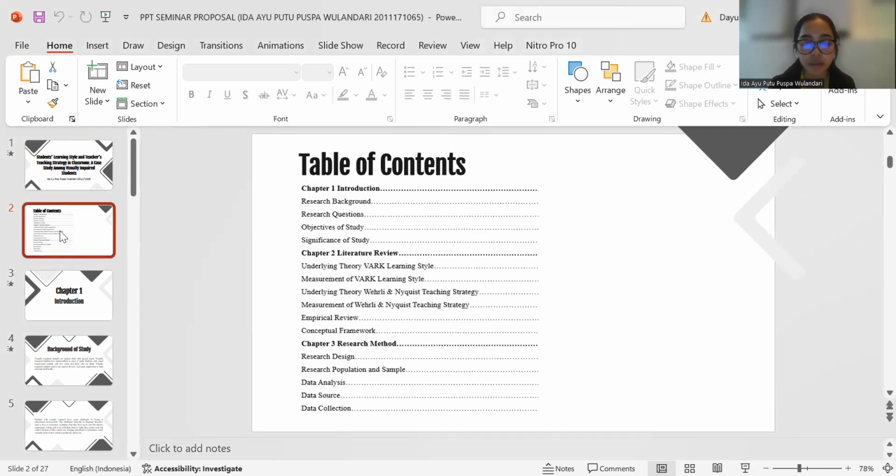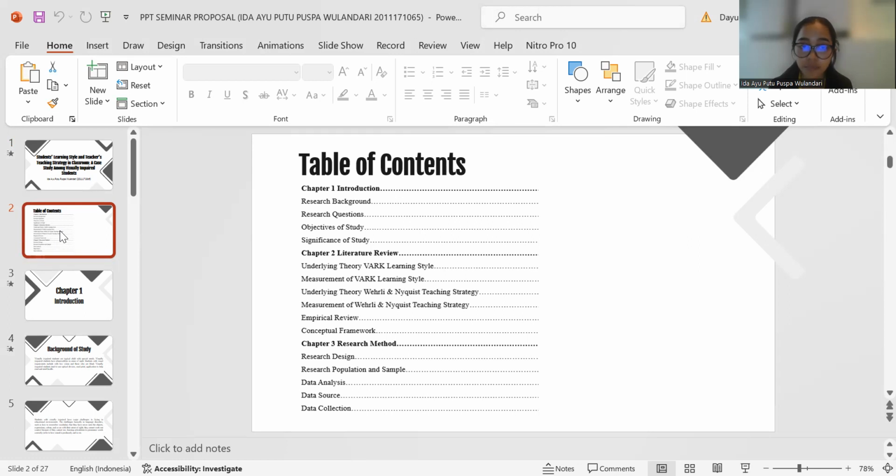All right, then, these are the table of contents. The first one, chapter one, is the introduction, and the contents of chapter one are research background, research question, objective of study, and significance of study.